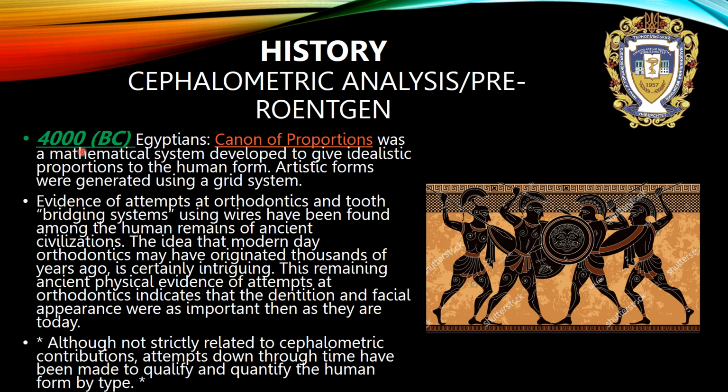4,000 years before Christ, Egyptians wrote a canon of proportions. It was a mathematical system developed to give idealistic proportions to the human form. Artistic forms were generated using a grid system. Evidence of attempts at orthodontics and tooth-moving systems using wires has been found among the human remains of ancient civilizations.